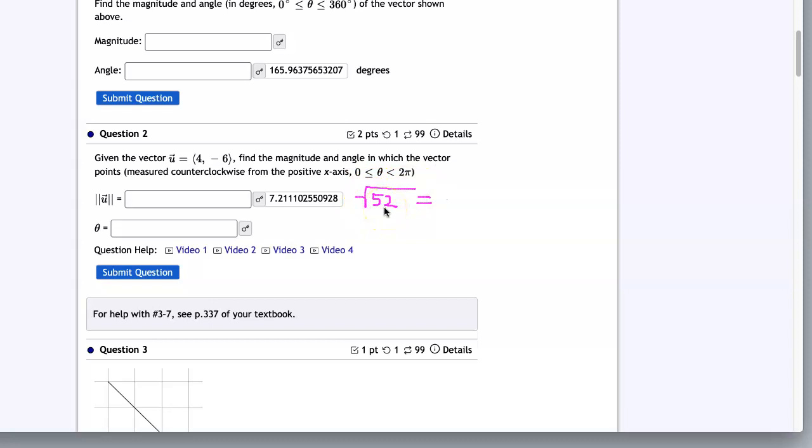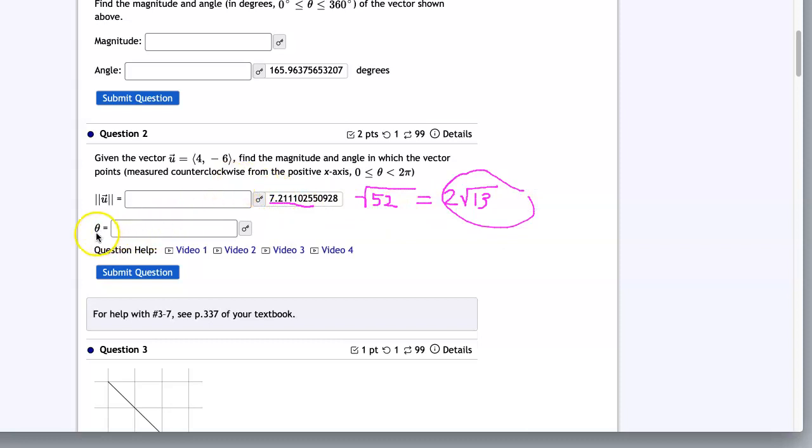Since 52 is divisible by 4, the square root of 52 simplifies to 2 root 13. So that's the answer that you want to type in. Yes, if you type in 2 root 13 to your calculator, you will get a decimal approximation, but what I want to see from you in this problem is the exact magnitude, not a decimal approximation.